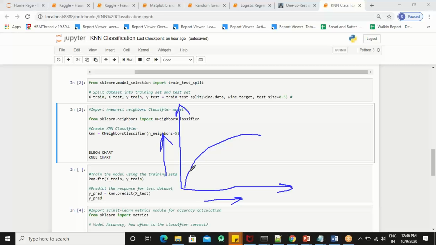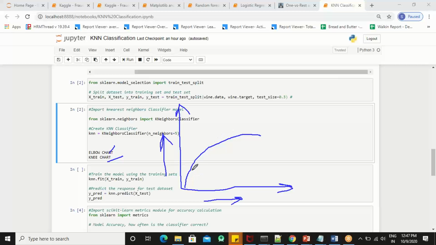Yeah, correct. So that's where the accuracy comes into the picture. If you're plotting K versus error, it is this. If you're plotting K versus accuracy, it is the knee chart. And here also the same thing happens.